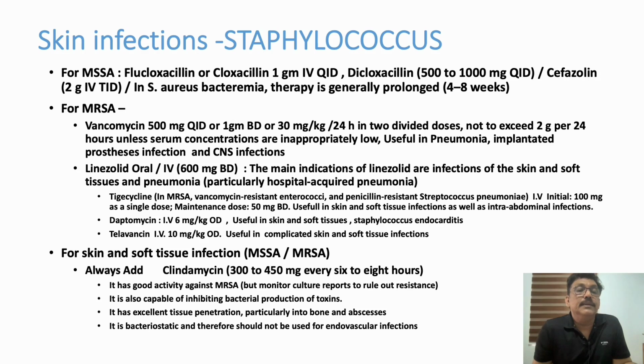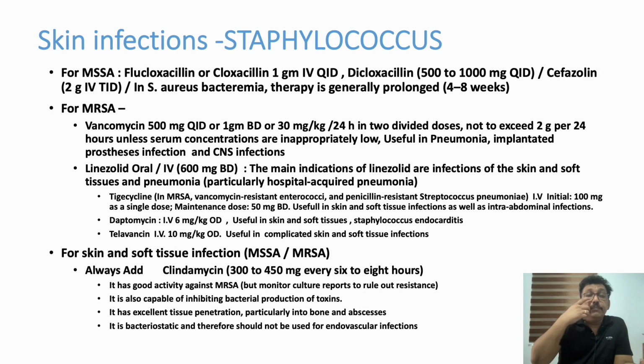They are called methicillin susceptible Staphylococcus aureus. The best drug for that group is flucloxacillin or cloxacillin. Flucloxacillin is available nowadays. We can give 1 gram IV QID. Doxycycline can be given, but the better drug is always flucloxacillin.